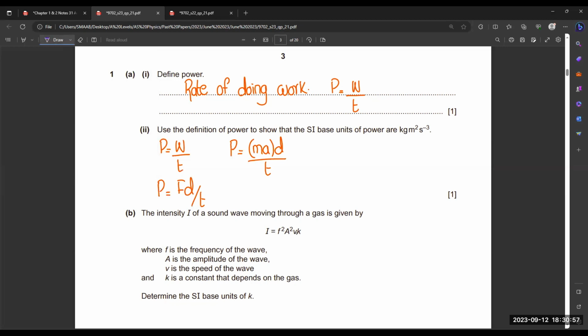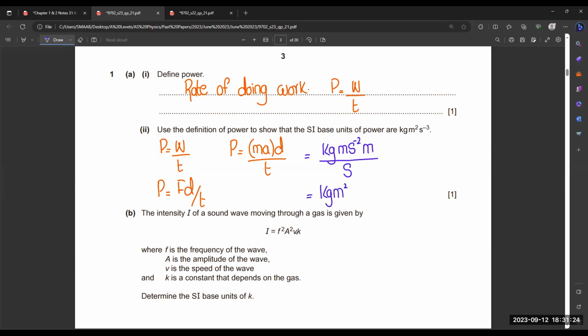So it will be kilogram meter per second square for acceleration, meter for displacement, divided by second for time. So you can see that it will just multiply to give kilogram meter square per second cube.